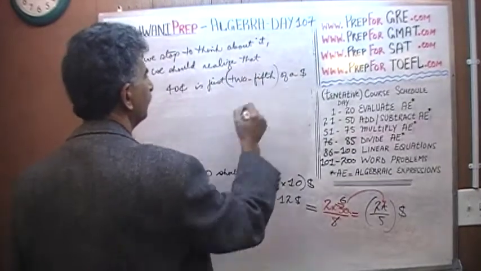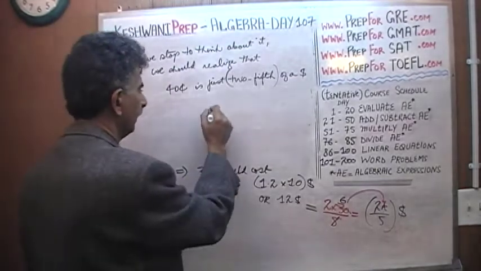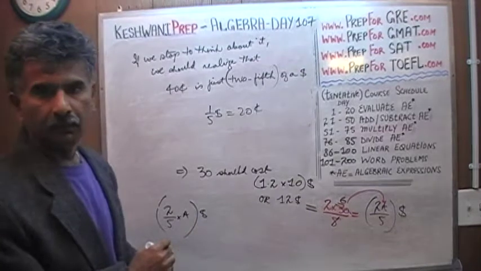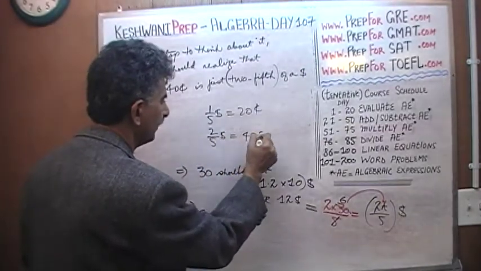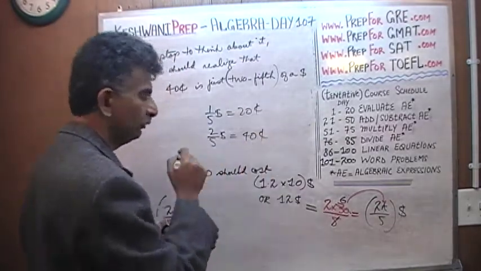Why? Because a fifth of $1 is 20 cents. Therefore 2/5 of a dollar. Therefore 40 cents should be 2/5 of a dollar.